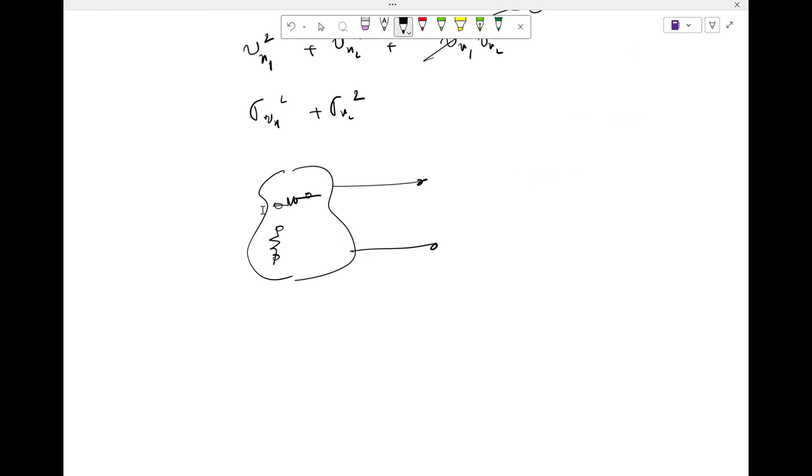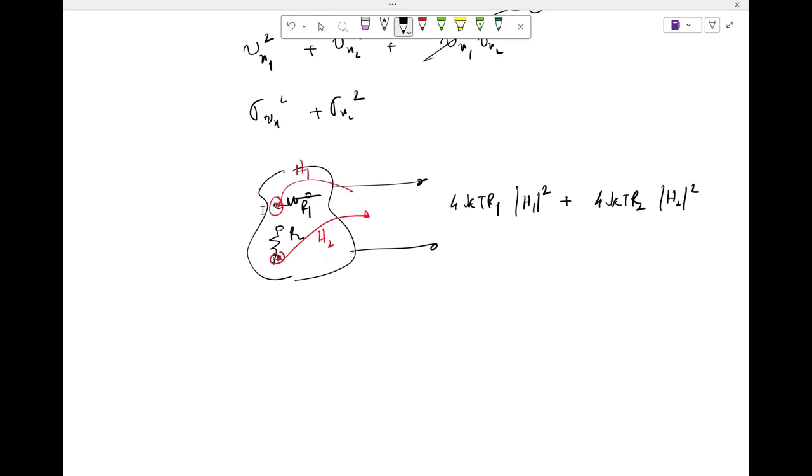If I know the transfer function from here and here to the output, and I know this is H1 and this is H2, then the total noise at the output will be, this is R1, this is R2, 4kTR1 times mod of H1 squared plus 4kTR2 times mod of H2 squared. As far as circuit analysis is concerned, this is all we need to do. The theory behind it is whatever I said 2 minutes back.